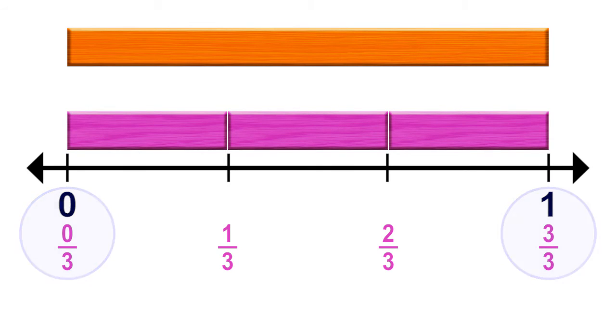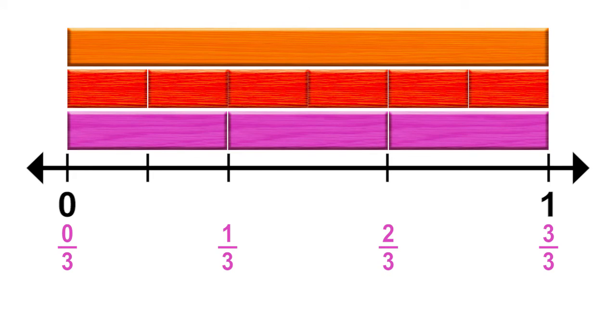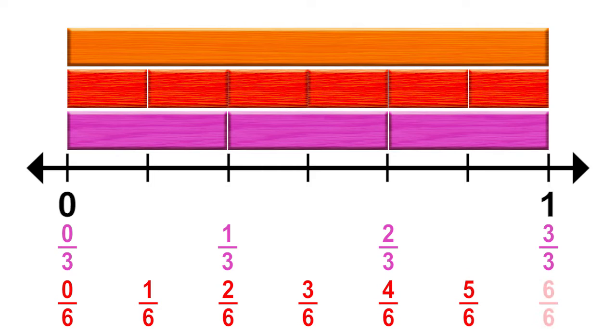Let's divide our number line by 6. I'll begin at 0 and then place a tick mark between the 0 and 1. Our red Cuisenaire rod helps us see that 1/6 is half of 1/3. We can continue to place tick marks on our number line in between our thirds and label them 1/6, 2/6, 3/6, 4/6, 5/6, and 6/6.